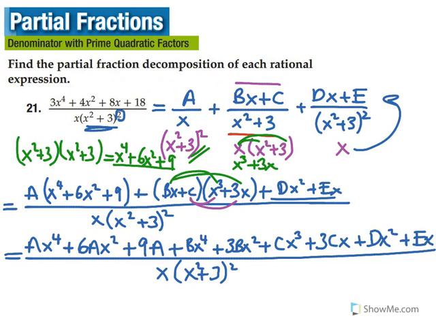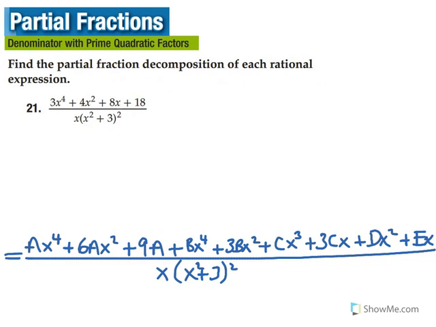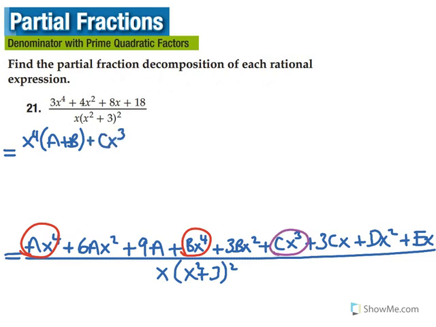Now we have to take common terms into parentheses, so let's erase the parts at the top. So now we have x to the power 4 here, x to the power 4 here, and nothing else, so it will be x to the power 4 brackets a plus b. Now for x cubed we have cx cubed and nothing else, so it will be cx cubed, and then we have 6ax squared, 3bx squared, and dx squared.